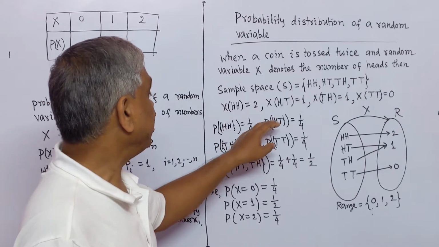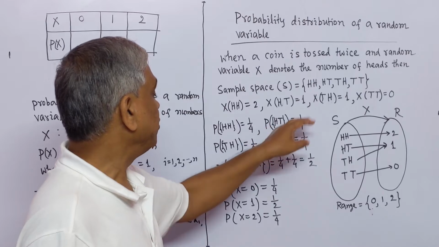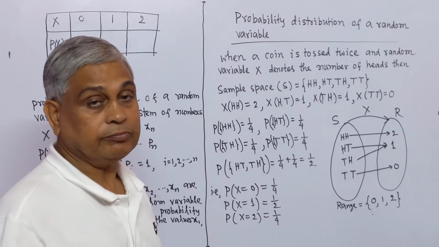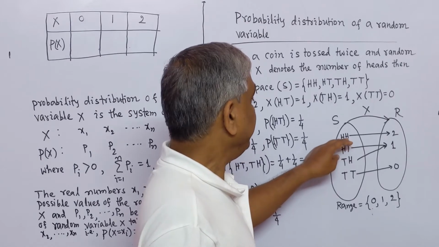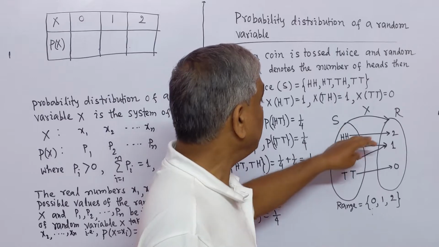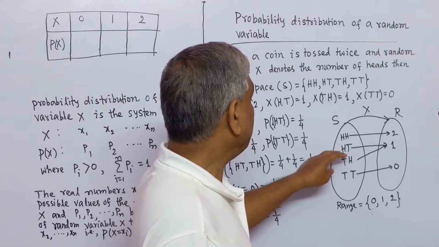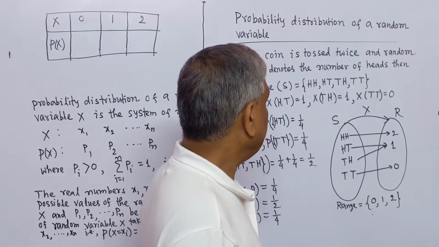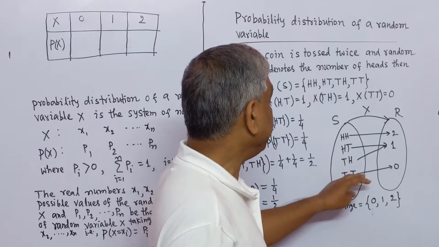Similarly, the probability of the event containing element HT equals 1 by 4 and so on. Here HH is a member of the sample space and the functional value of HH is 2. Similarly, the functional value of HT equals 1, of TH equals 1, and of TT equals 0.